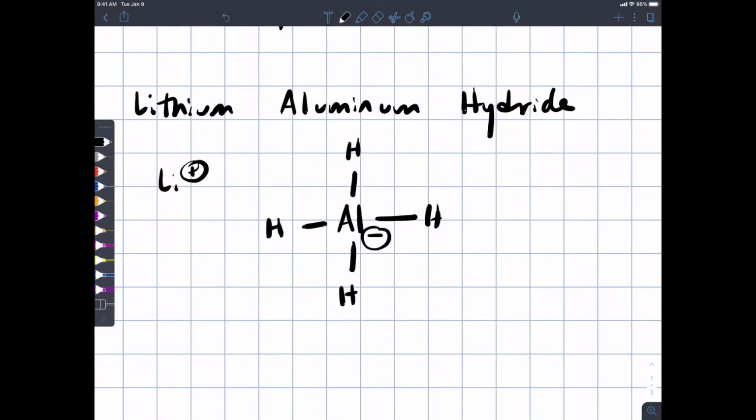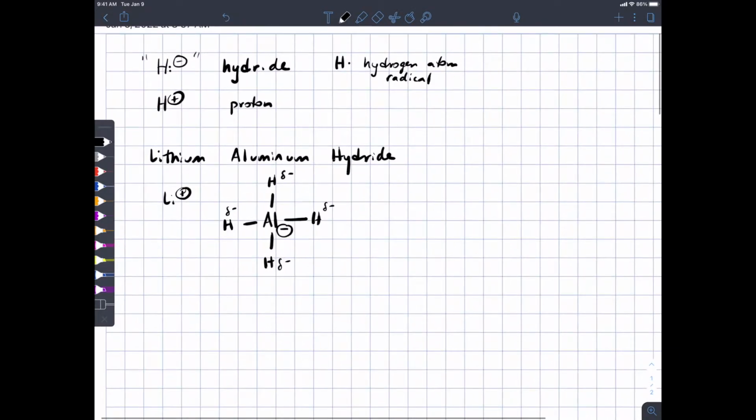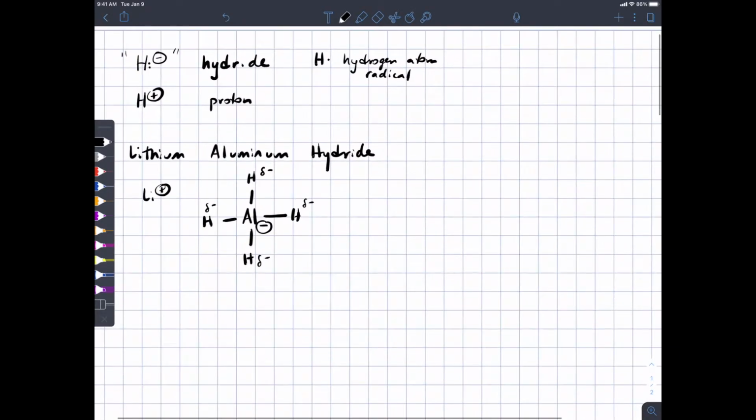So understanding that hydrogen is more electronegative than aluminum gets you to the conclusion that each of these hydrogens has extra electron density and can be nucleophilic. There are other reagents that do this as well, and we'll get onto those in just a second.